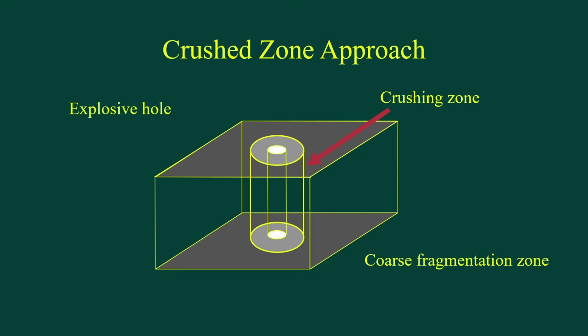Not only does it estimate what that volume is, it also estimates what size reduction takes place within that volume, and he uses comminution principles to do so. And that distribution is grafted onto a Kuz-Ram prediction, which is basically applied to this outer volume here, which we think all the coarser fragmentation takes place in.